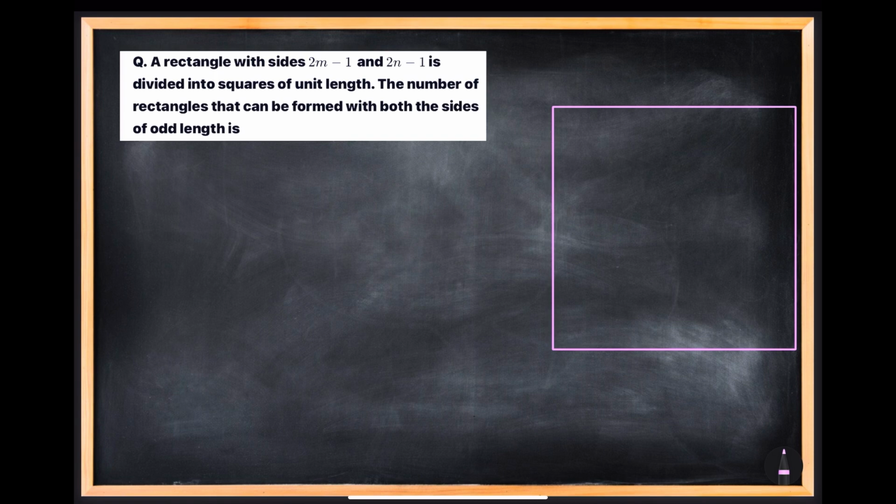And now they are saying that the side lengths are 2m-1 and 2n-1. Okay, the length they have provided you as this. And now they have divided everything into squares. So let's draw those squares.